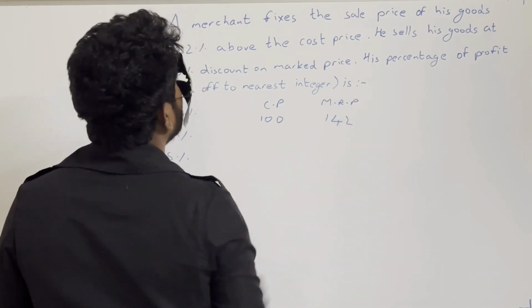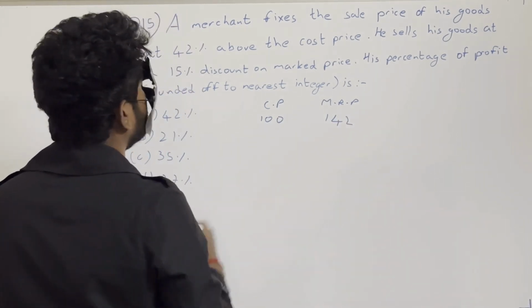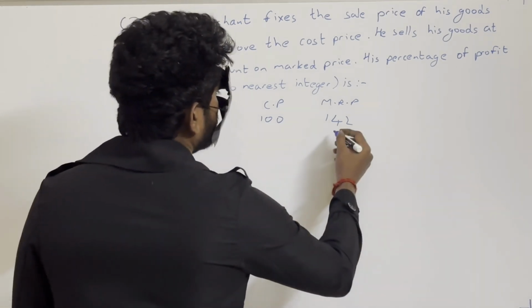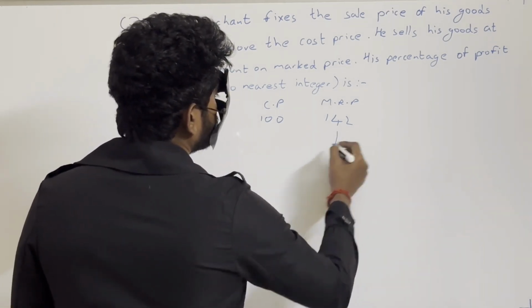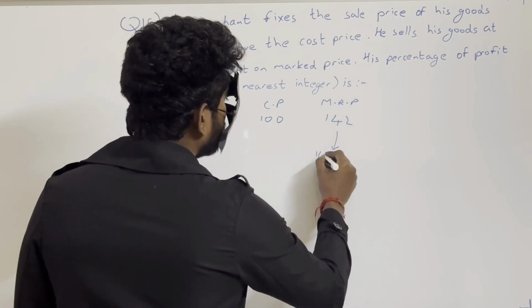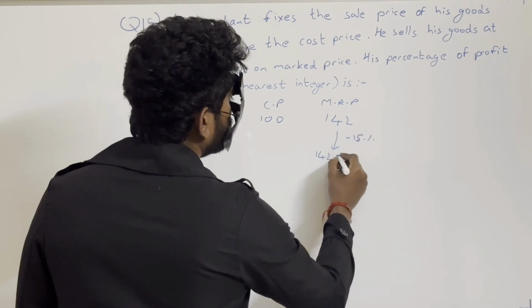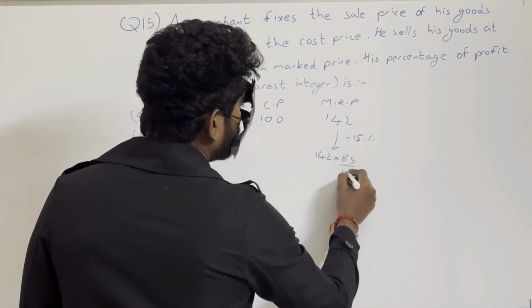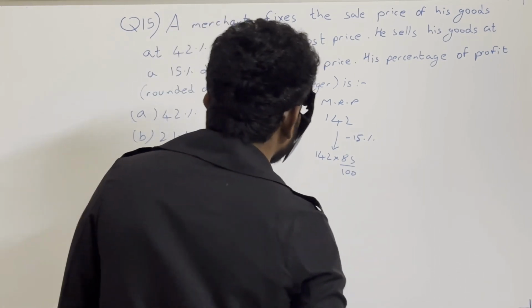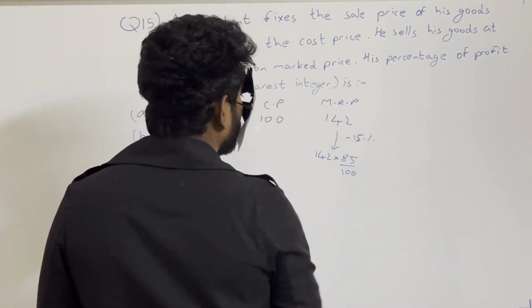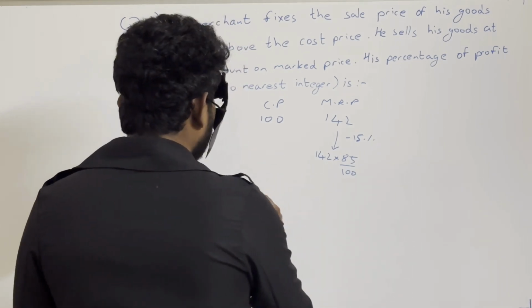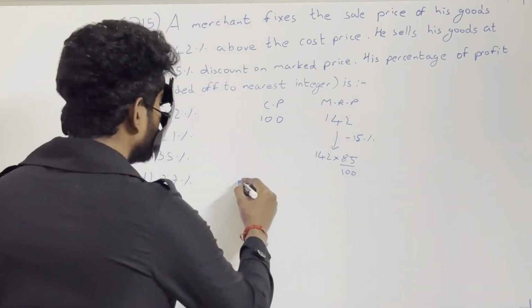So the marked price will be 142. After that he sells at a 15% discount. That means he'll be selling at 85% of this value. So you need to multiply 142 and 85.